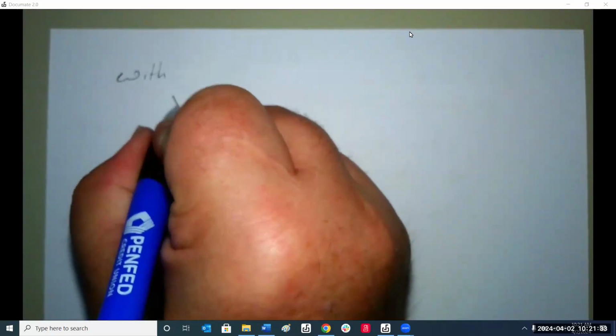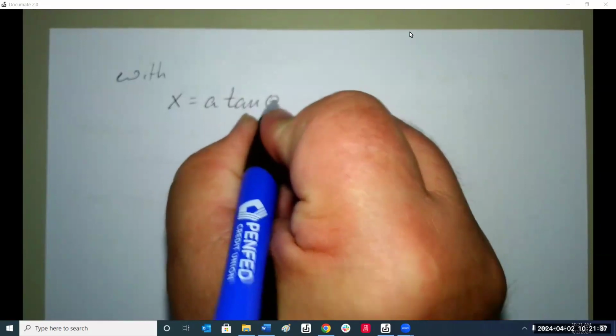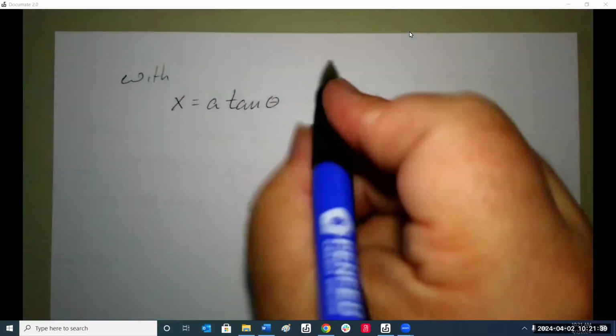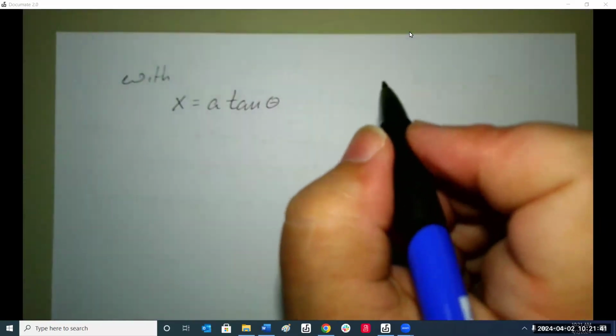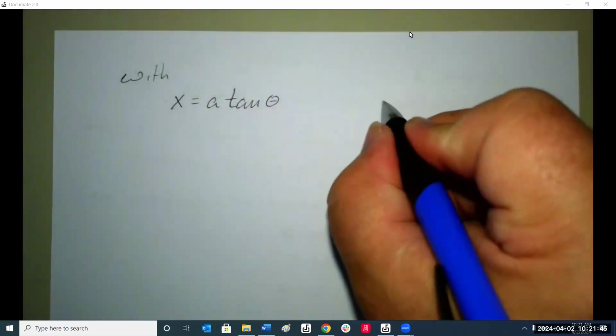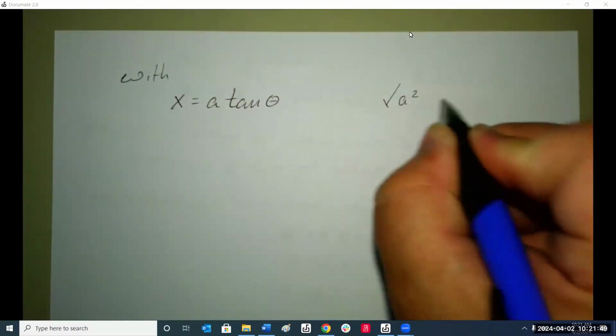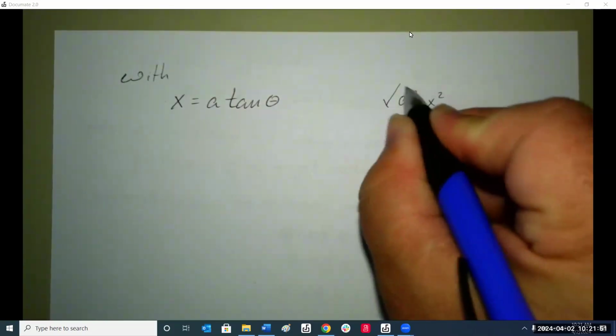So also, with our function x equals a tangent theta, we had originally a squared plus x squared.